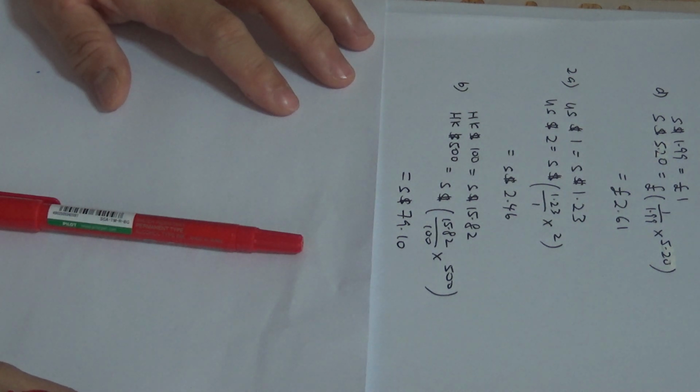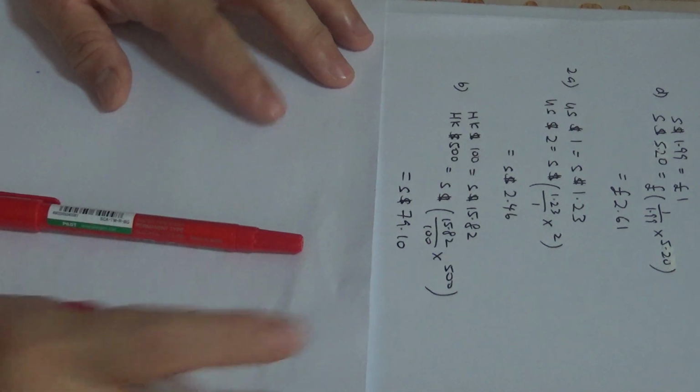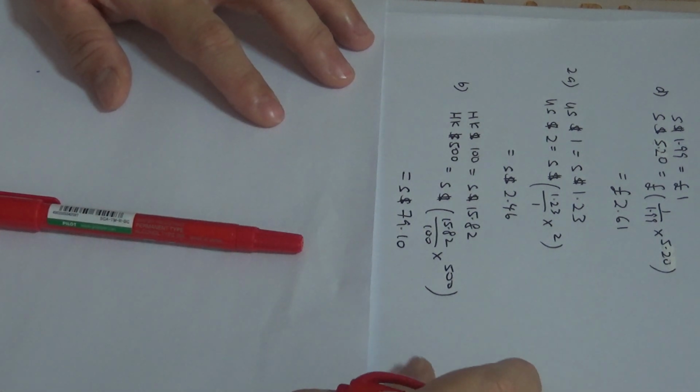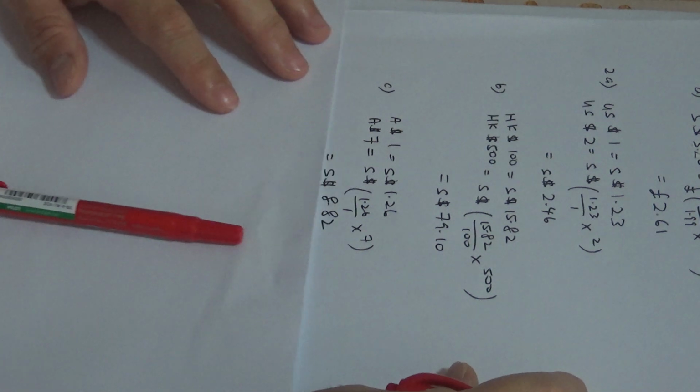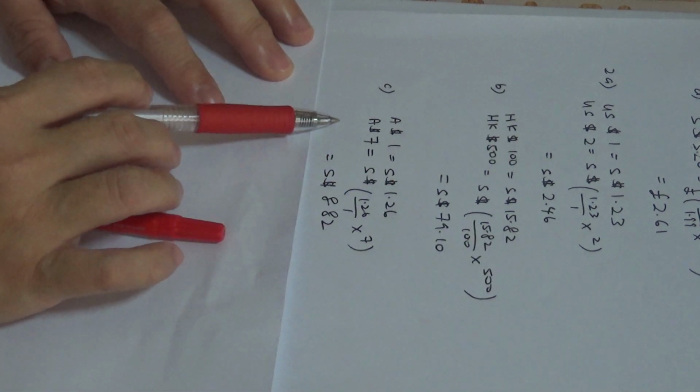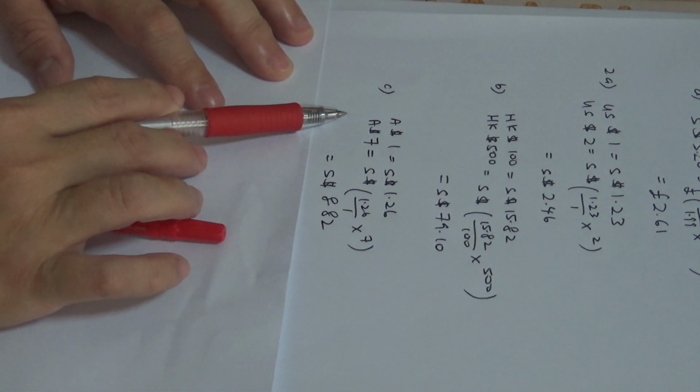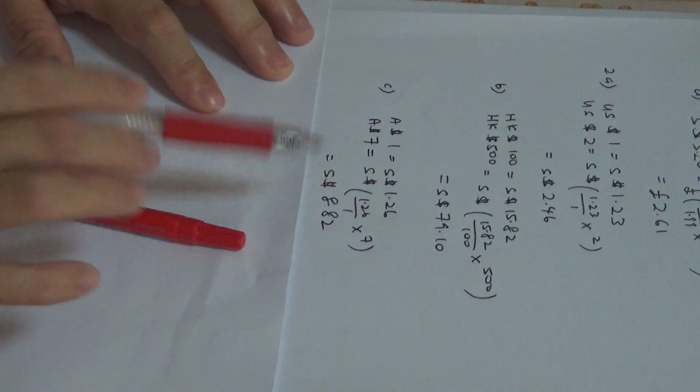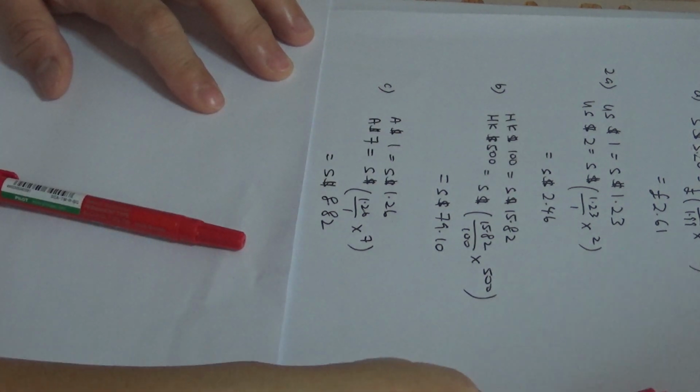Okay. Feel free to pause the video if this is too fast for you. And you can replay it anytime you want. Now, part C. Look for the Australian dollars, and then you convert as per normal, as the method shows.